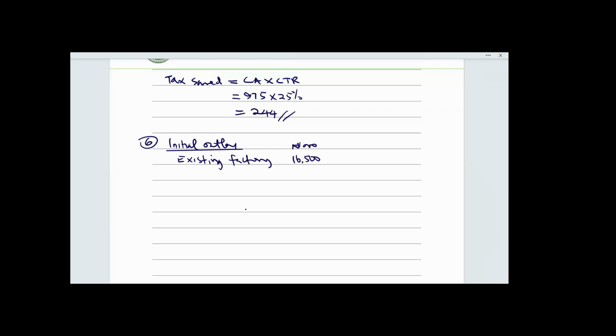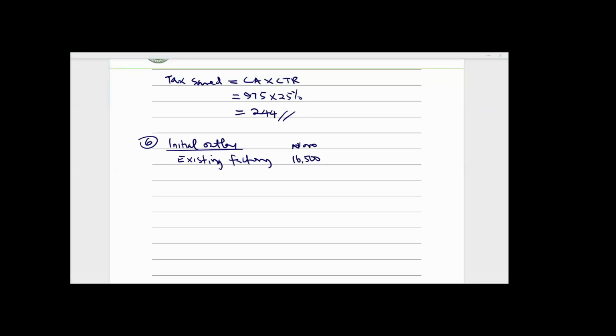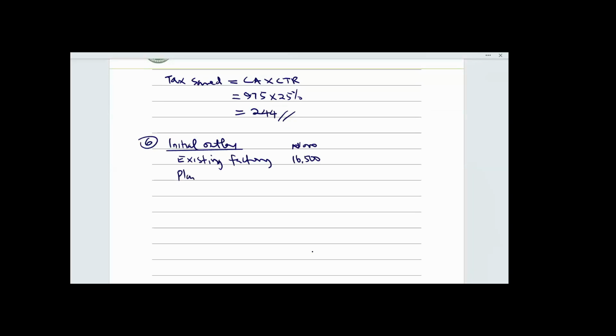Then we also have plant and machinery. Let me confirm. Plant and machinery. Okay. This one is worth 4,500,000.